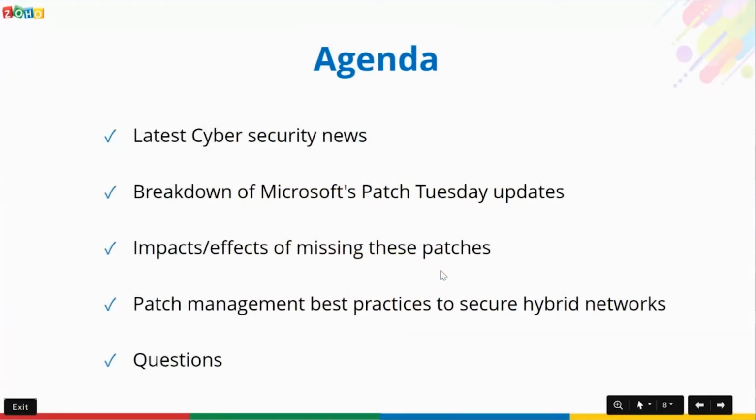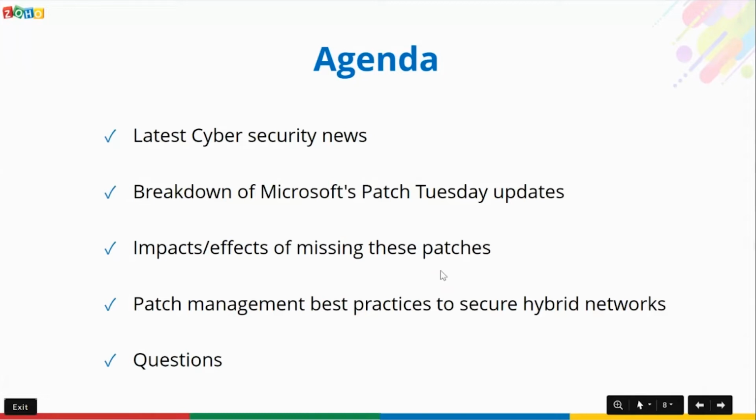Following that, we will have a complete breakdown of this month's Patch Tuesday updates, analyzing in detail about the risks of neglecting them. After which, I'll give you pointers on how to tackle patching in a hybrid work environment. Feel free to ask questions anywhere in the session. This webinar is being recorded, and the recorded version will be available to you in 1 to 2 working days.